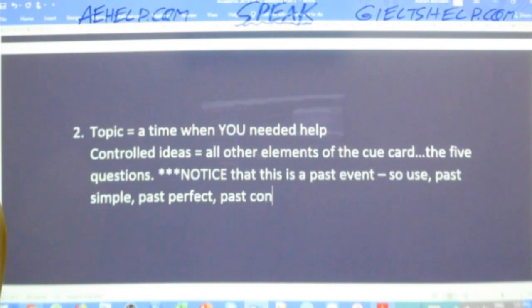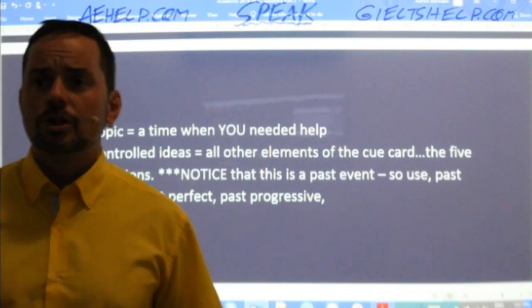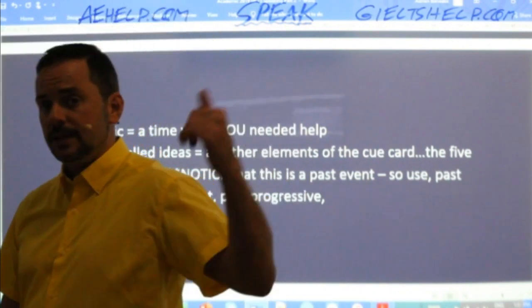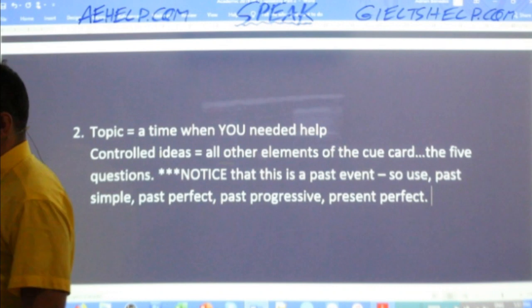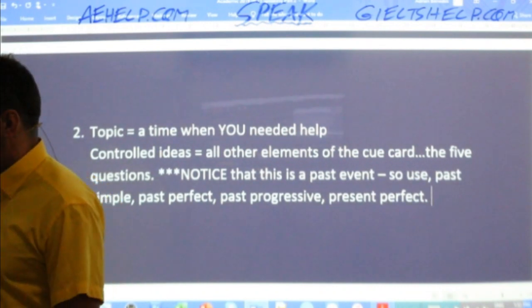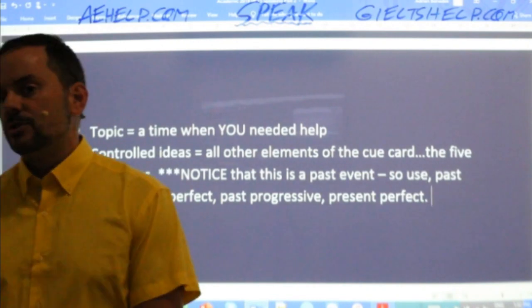Past continuous, right, or progressive, same thing. Okay. Also, if you really need that high band score, you should think about using present perfect as well. Okay, present perfect is used for past events. Nobody has ever helped me so much in my life to achieve a goal.